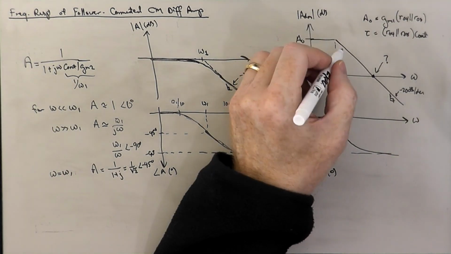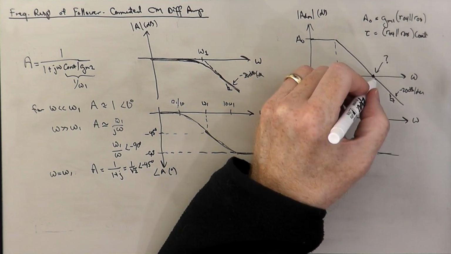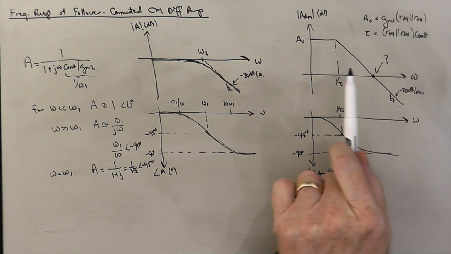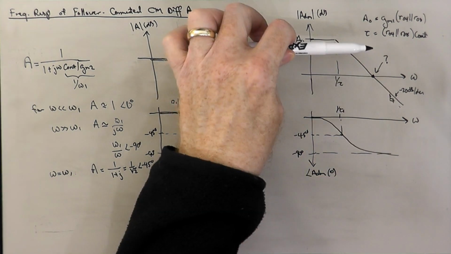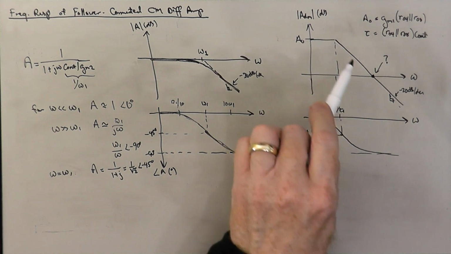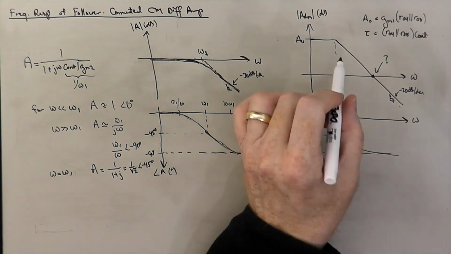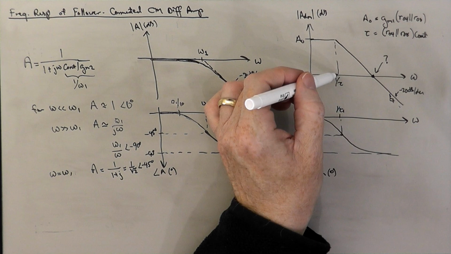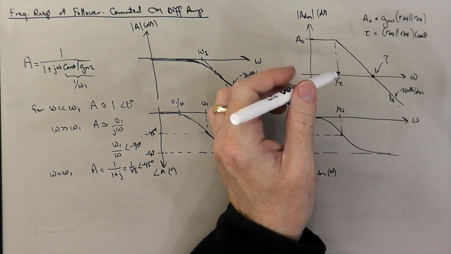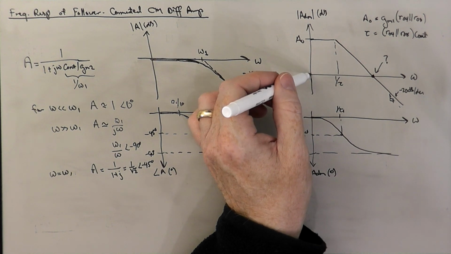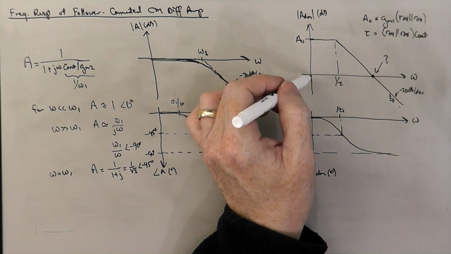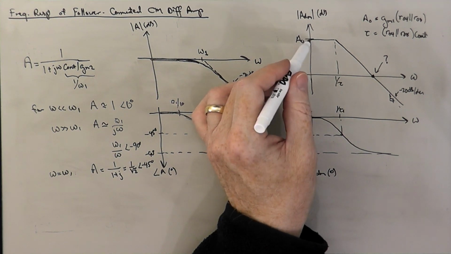Well, this line with a slope of minus 20 dB per decade means that for every decade change in gain, we have a decade change in frequency. And so the ratio between the gain here and the gain here is A0 to 1. This is a 0 dB line, this is A0.